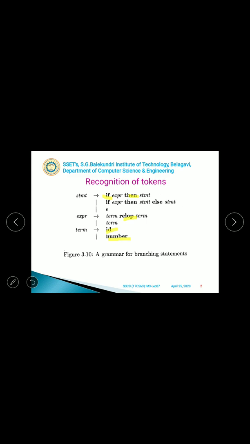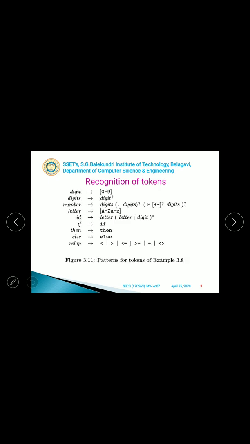How is your lexical analyzer going to recognize all these different types of tokens? In this case, you are going to give the regular expression representation for each type of token you are looking for.